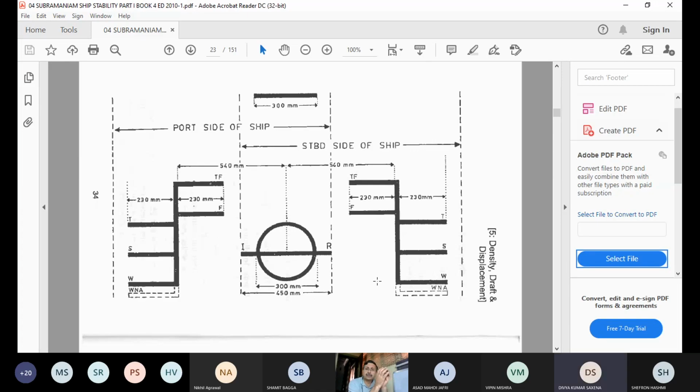Sir, displacement at winter. Perfect. Only displacement at winter.